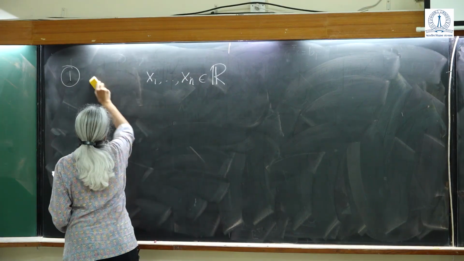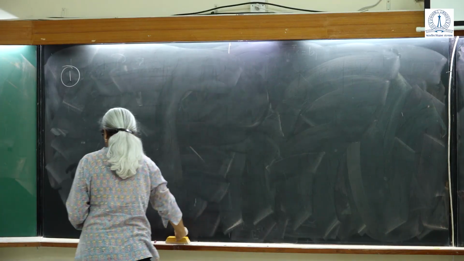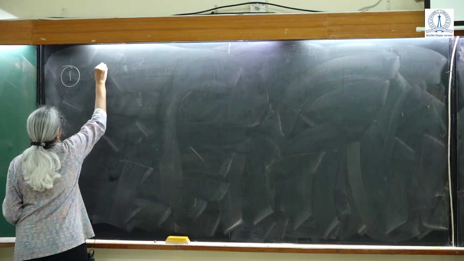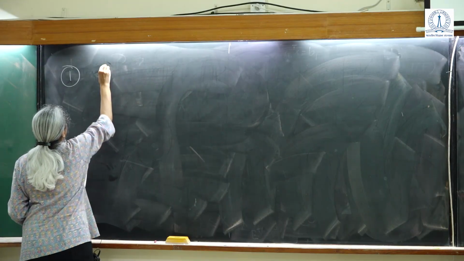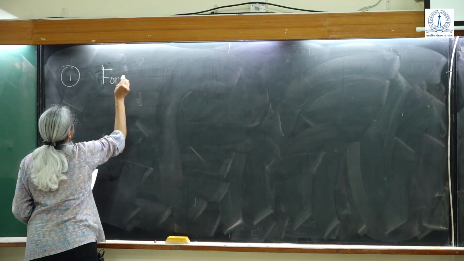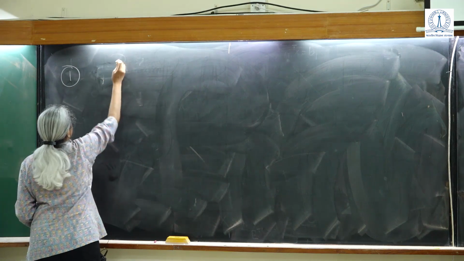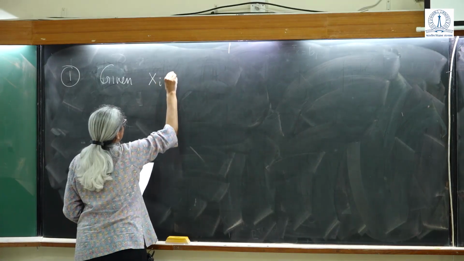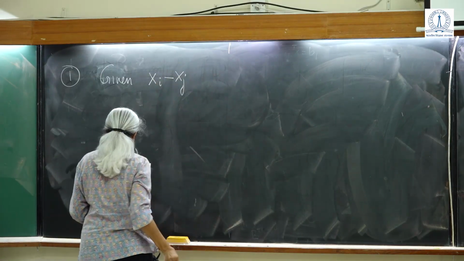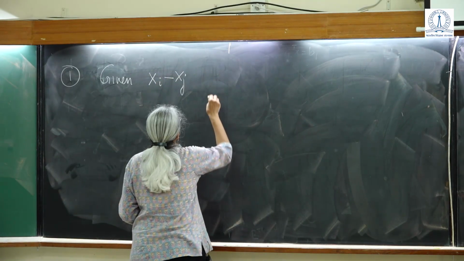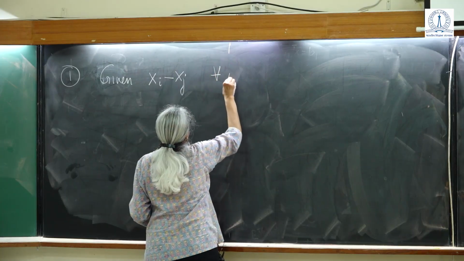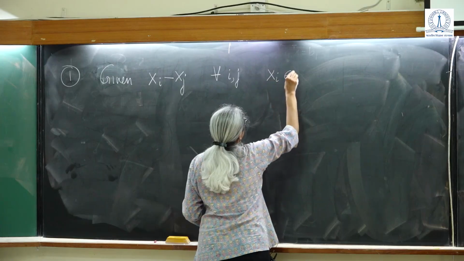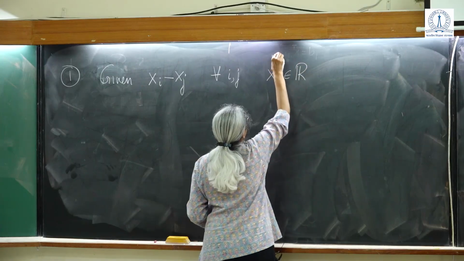Given xi minus xj for all i and j, where these xi's are some unknown real numbers.